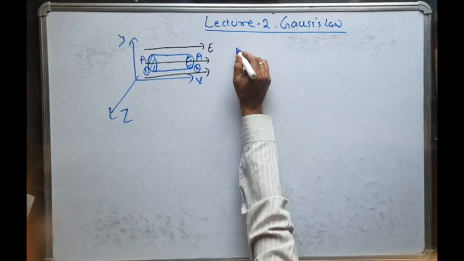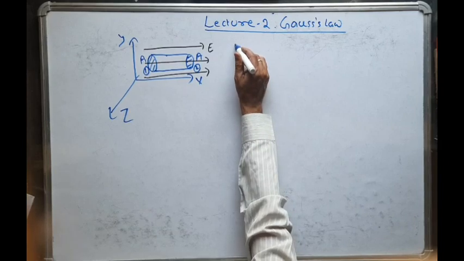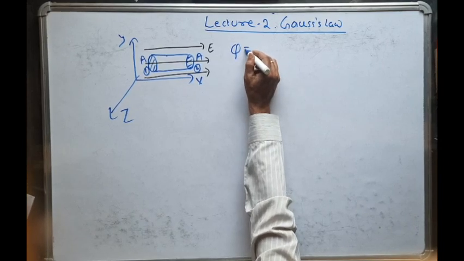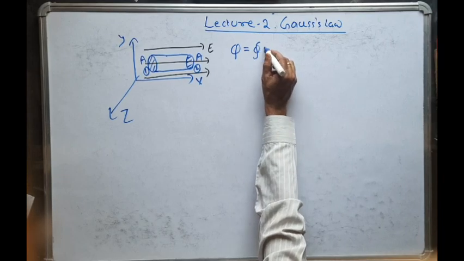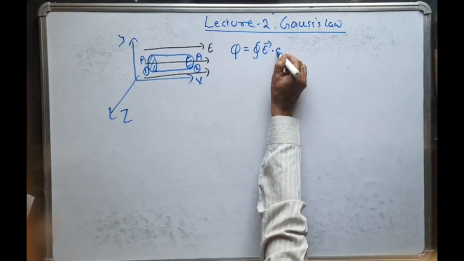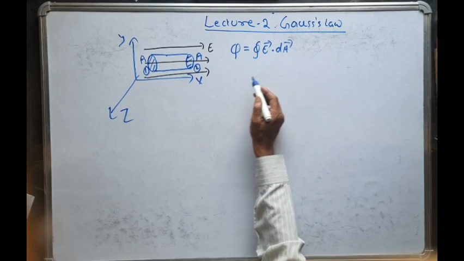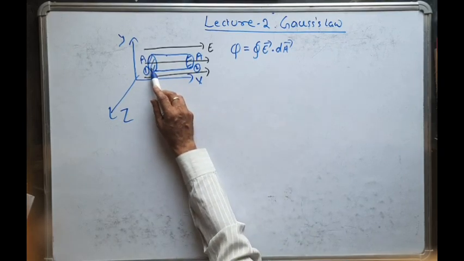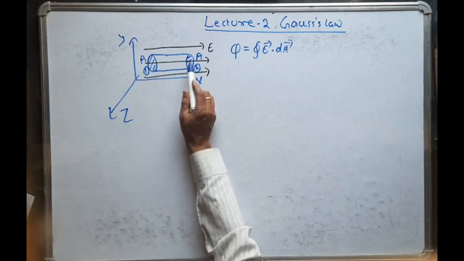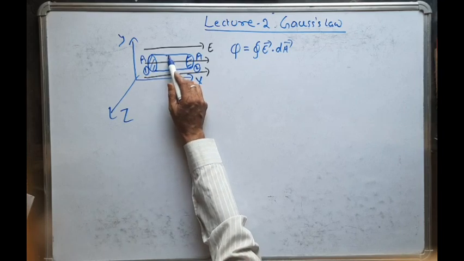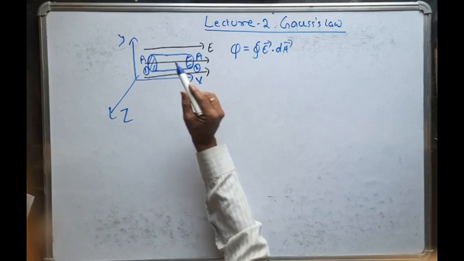So you know what the formula of flux is? The formula of flux is phi is equal to the surface integral of E dot dA. Now there are three surfaces: the first surface and second surface, that is the top and bottom of the cylinder, and the curved surface, that is your third surface.